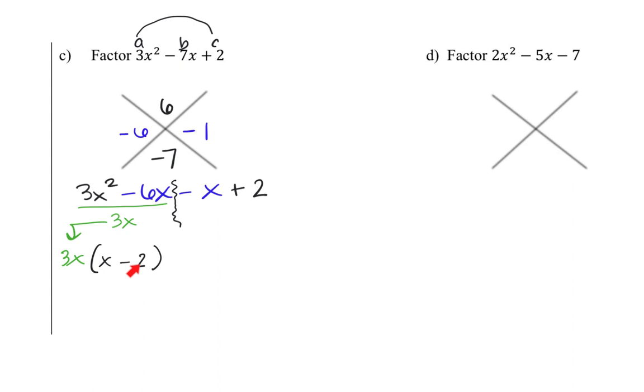If you take a look at our second group, these answers are almost matching, but the signs are opposite, right? This x is positive, this one's negative. This x is negative, this one's positive. So my groups almost match. So if I want the signs to change, I can just factor out a negative 1. When you factor out a negative number, you want to make sure when you bring that number down, it stays negative.